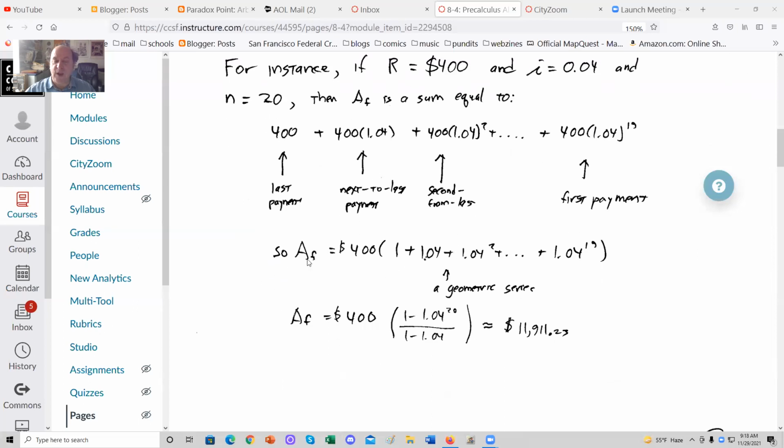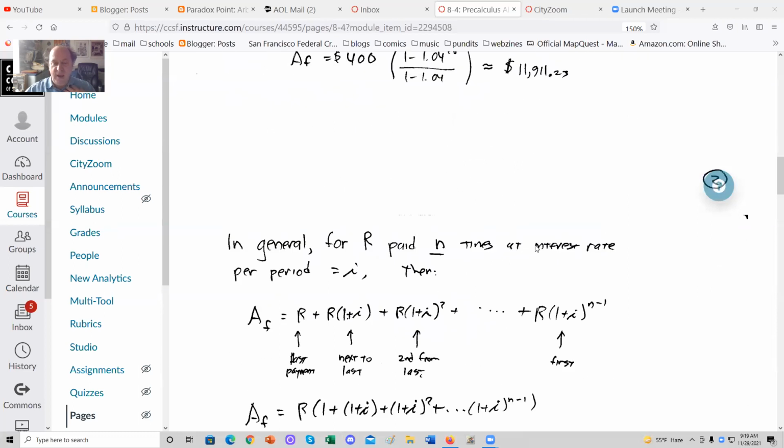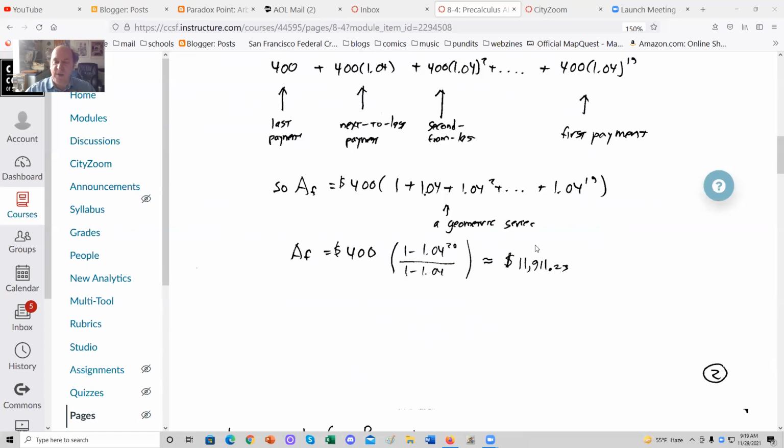So the future value equals $400 times (1 + 1.04 + 1.04² + ... + 1.04^19). Now this is a geometric series. And if we go to the formula from last time, the value will be 400 times (1 - 1.04^20) over (1 - 1.04).